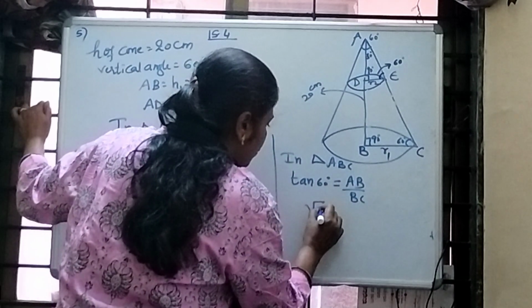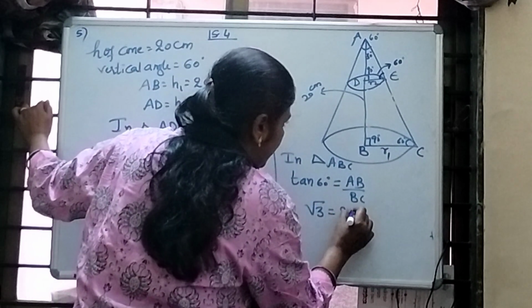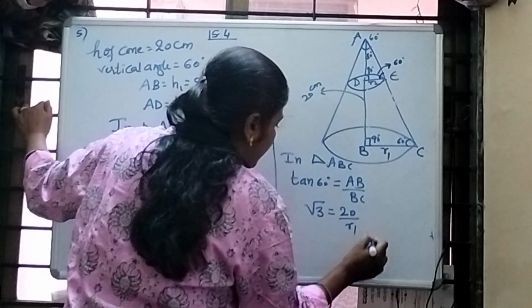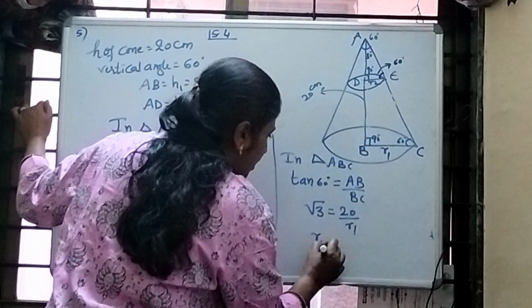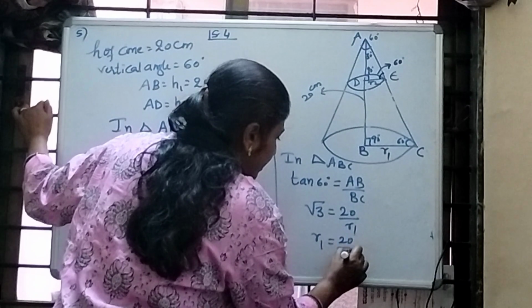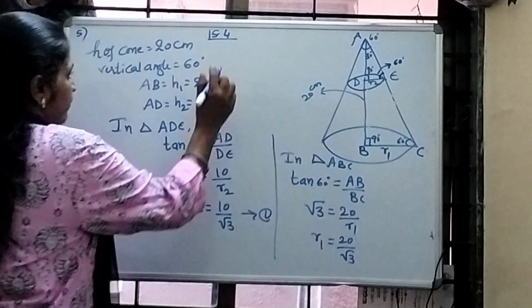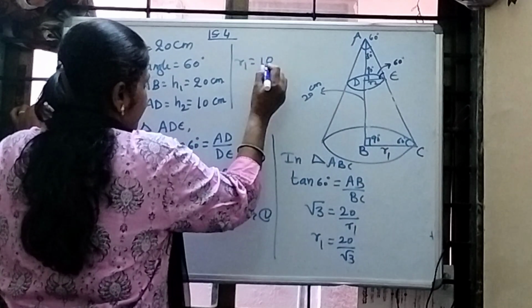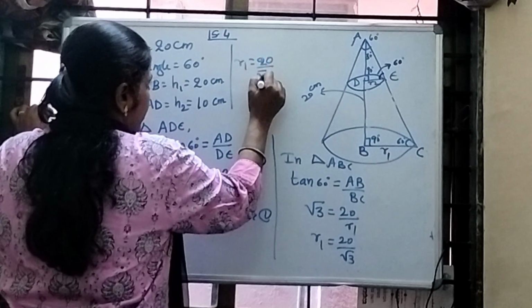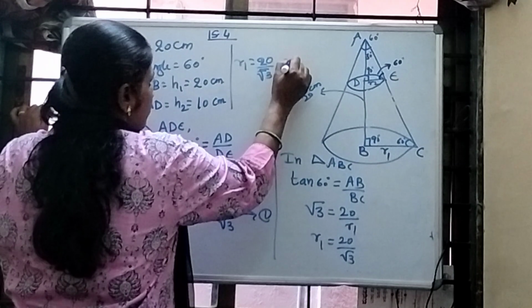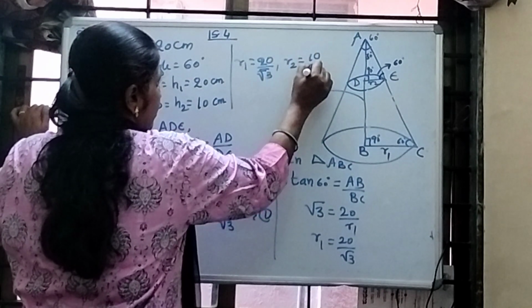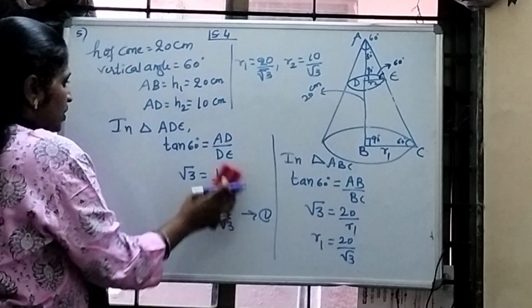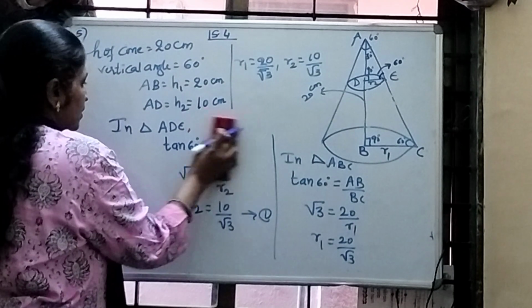Again it is root 3, AB is 20, BC is R1. Again if you cross multiply, R1 is equal to 20 by root 3. So R1 is equal to 20 by root 3 and R2 is equal to 10 by root 3. Now we'll continue with the question.